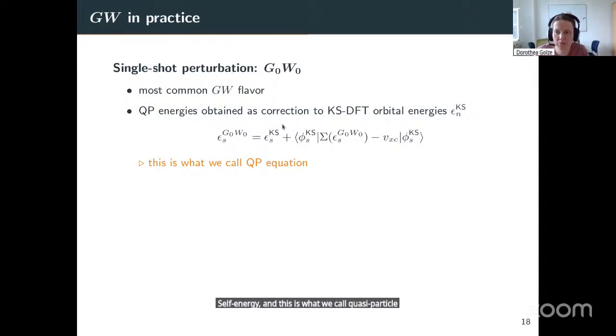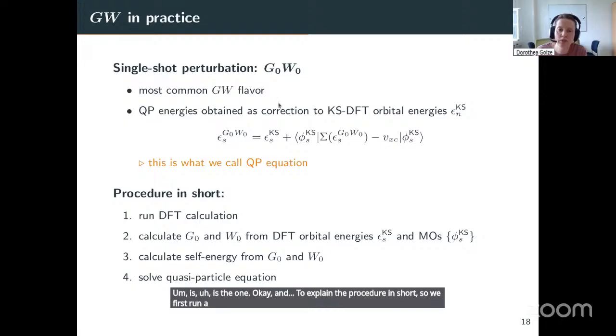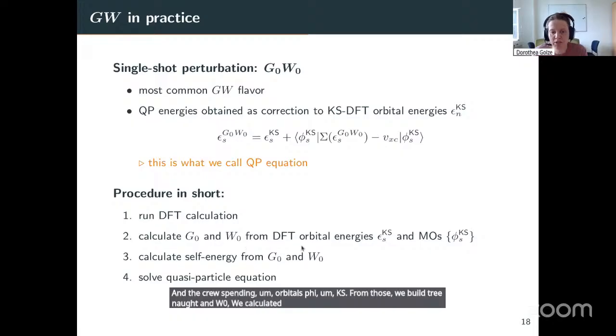To explain the procedure in short: we first run a DFT calculation to get our Kohn-Sham orbitals, epsilon_ks, and the corresponding orbitals, phi_ks. From those, we build G0 and W0. We then calculate the self-energy from G0 and W0, and then solve this equation.